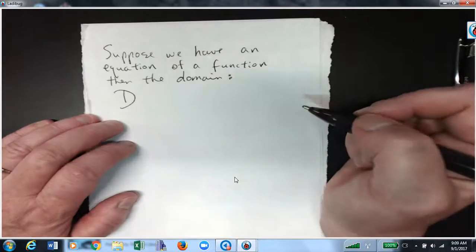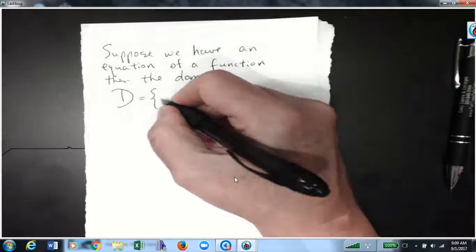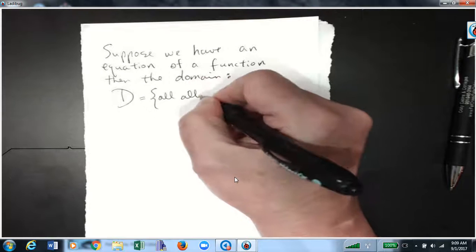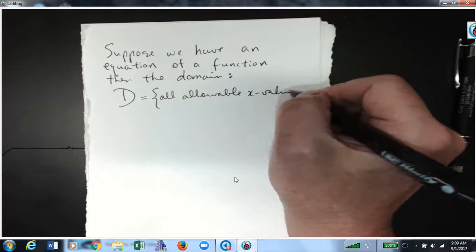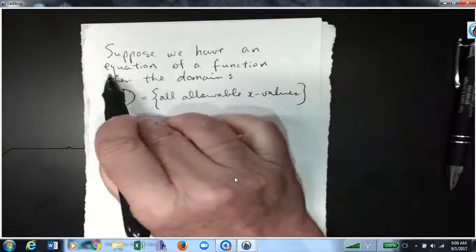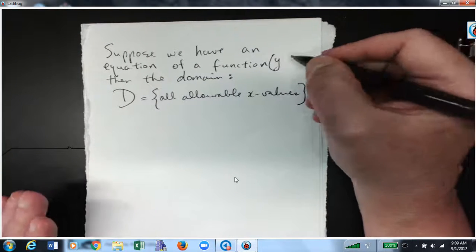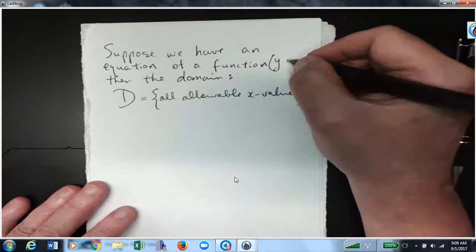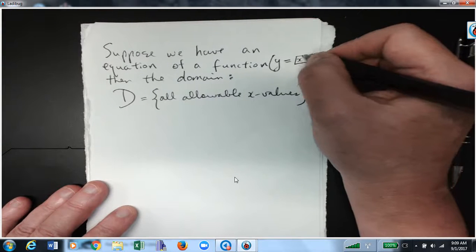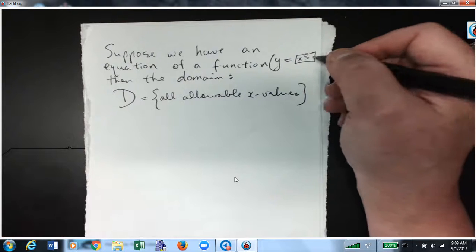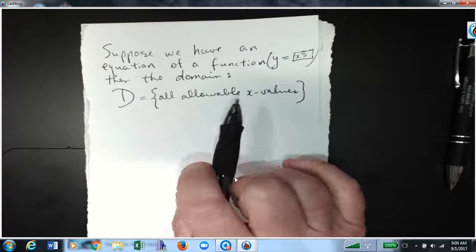We usually write that with a capital D. It's going to be the set of all allowable x values. We have an equation of a function, so it's y written as an equation in x. We have y on one side, and a mixture of x's and symbols on this side. So the domain will be all allowable x values.